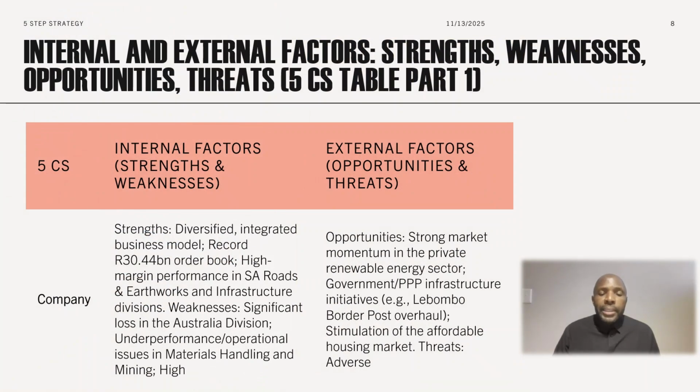We listed the significant ones first, starting with the internal factors, strengths and weaknesses. For the company, its strength is that it's diversified, because they are operating in various products and services, not only one. This means that if another segment or industry is not doing well, it can be subsidized by another. Then there's the record 30 billion order book, as we saw, and high margin performance in the South African roads, earthworks and infrastructure division.